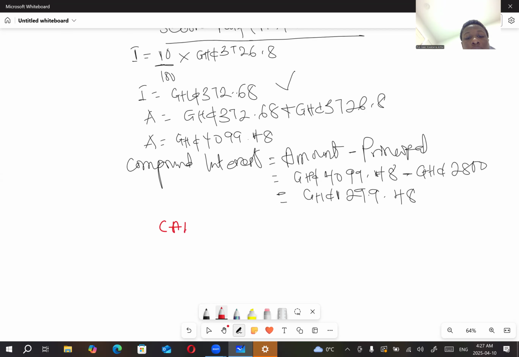How to... So this is a topic. Calculating compound interest using formula. We should be using the red ink for our titles going forward.